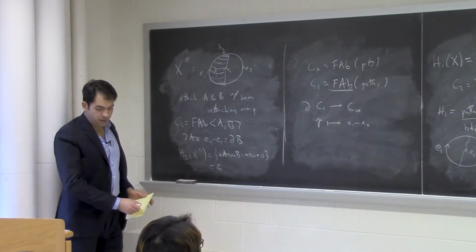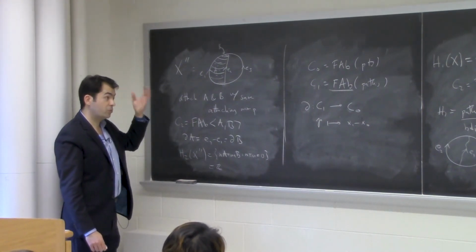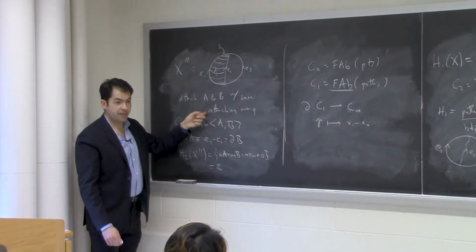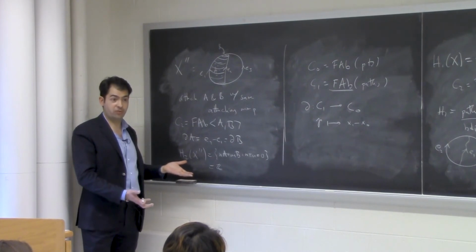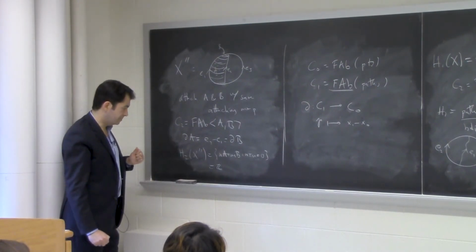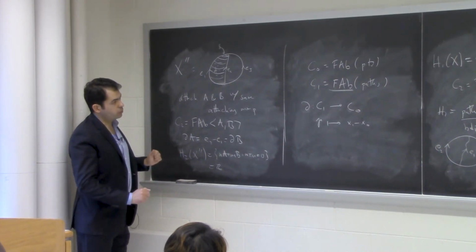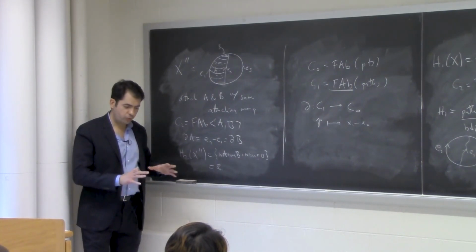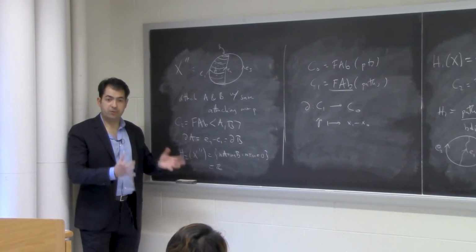OK, so you can see part of what's going to be difficult if you try to do this more generally is I need to know the attaching map here so that I can compute the boundary. I need to keep track of orientations so that I know what the boundary is. And so the way we're going to deal with that is we're going to use special, not just polyhedra, but very special polyhedra.